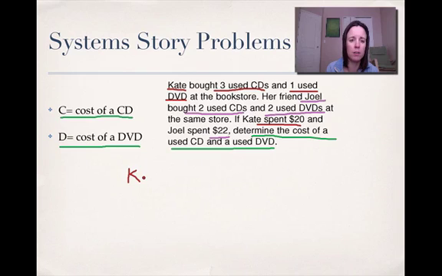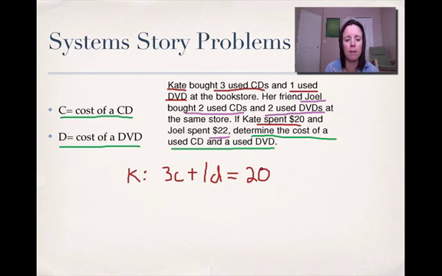Here's Kate's equation. So she bought 3 used CDs, so that would be 3 times the cost of a CD plus 1 used DVD, so 1 times the cost of a DVD. She spent $20, so that's going to be equal to 20.